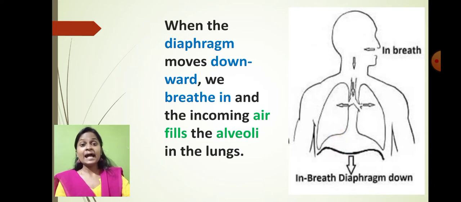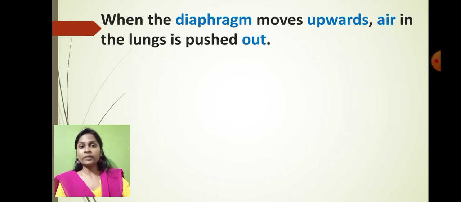Is that clear? And exactly in the same manner, what happens when we push air out? When we push the air out of the lungs, what happens? Just like the balloon. When we release the air from the balloon, the balloon comes back to its original shape and size. Am I right?